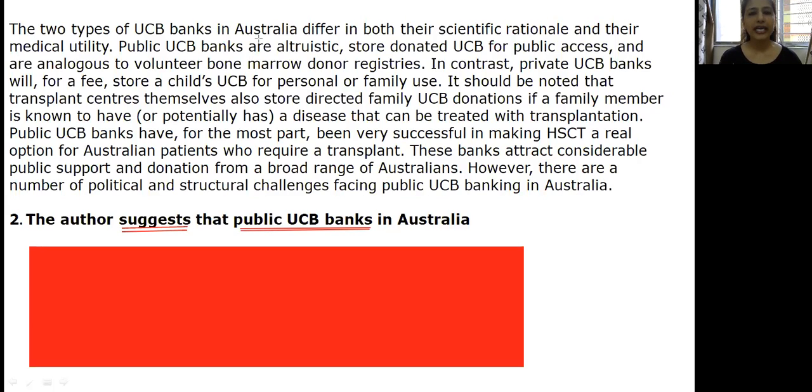So how do you quickly identify whether the writer is in favor or against? You look at the adjectives that the writer has used. For example, when I say he's a very intelligent student, he's sincere, he's brilliant, all the adjectives that I choose are positive adjectives that suggest that I'm in favor.